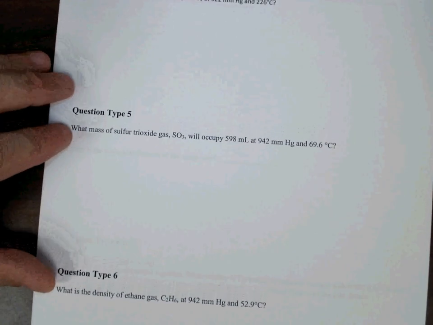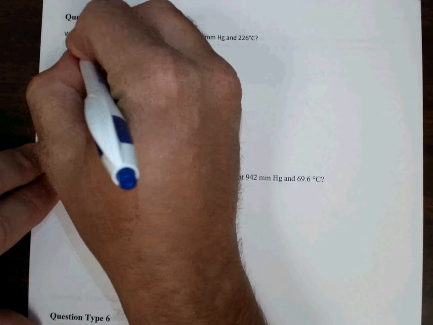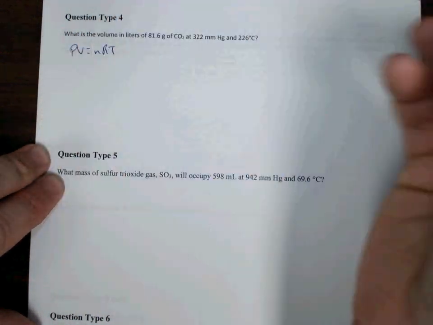Okay, so let's go on and do question 4. Question 4. What is the volume in liters of 81.6 grams of CO2 at 322 millimeters of mercury and 226 degrees Celsius? This type of question, we have to use PV equals nRT.